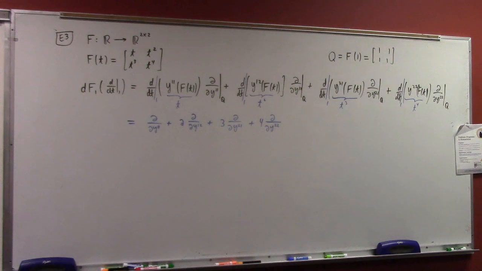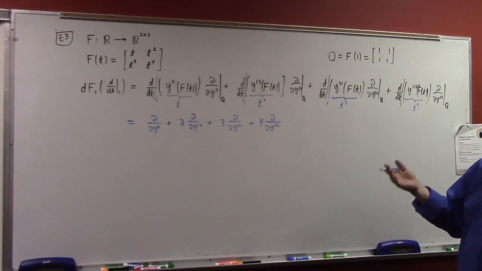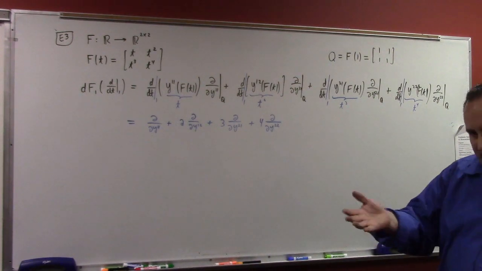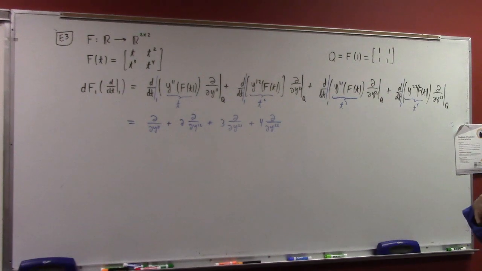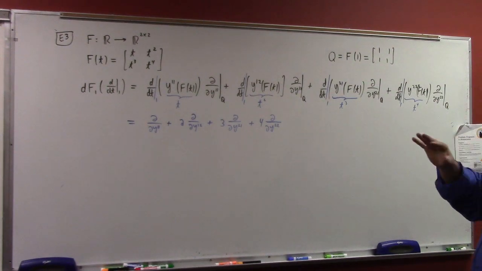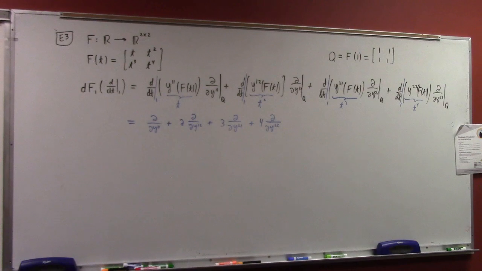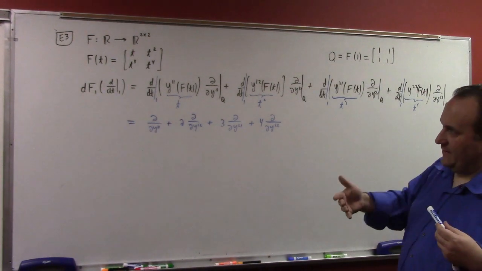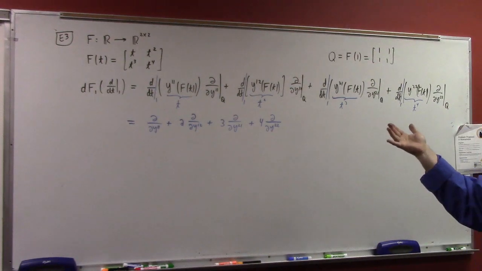So what to make of all this? Can I connect this to earlier things we were talking about in the course? All right. So this is obviously the tangent vector to the path in the matrix space.